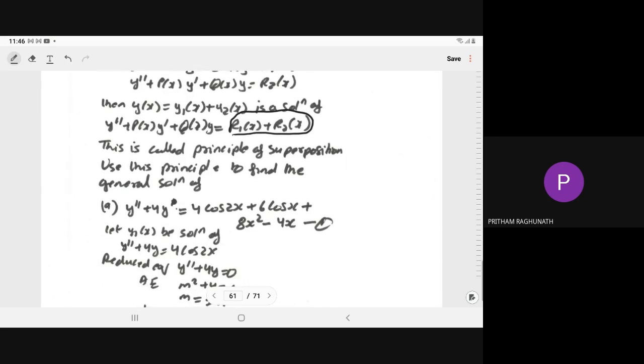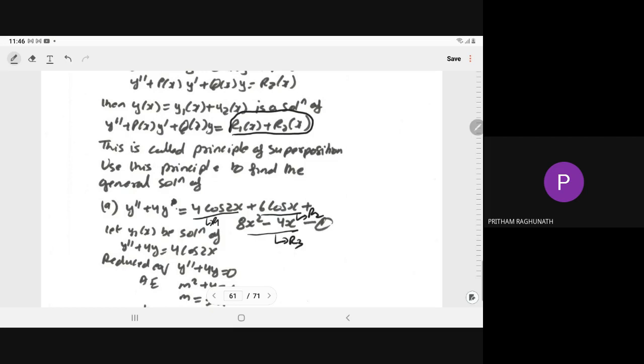So what is here? If you have the equation y'' + 4y = 4 cos 2x + 6 cos x + 8x² - 4x, this is the r1, this is your r2, and let's say this is your r3.